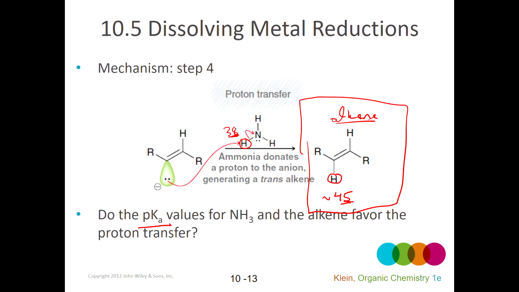So that's a very product favored equilibrium, and so that's the result of solvent, and it's acting as an acid. It's a very weak acid, but still stronger than the product, so it still drives that equilibrium toward the desired product side. Any questions about any of that?